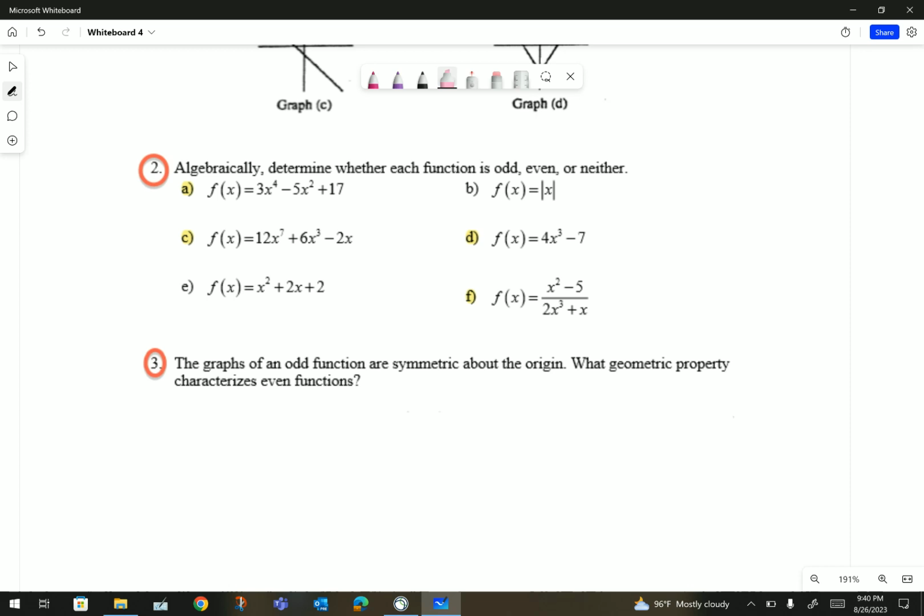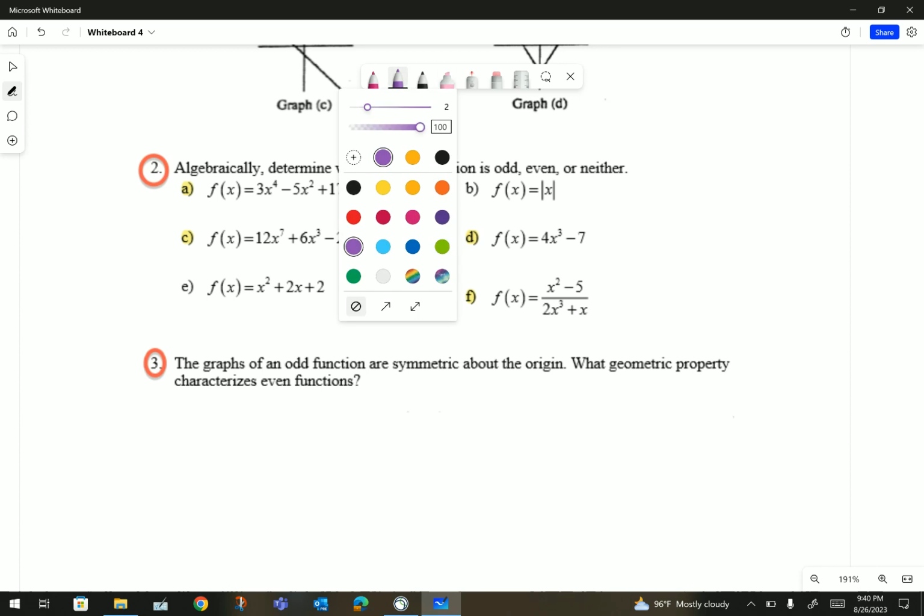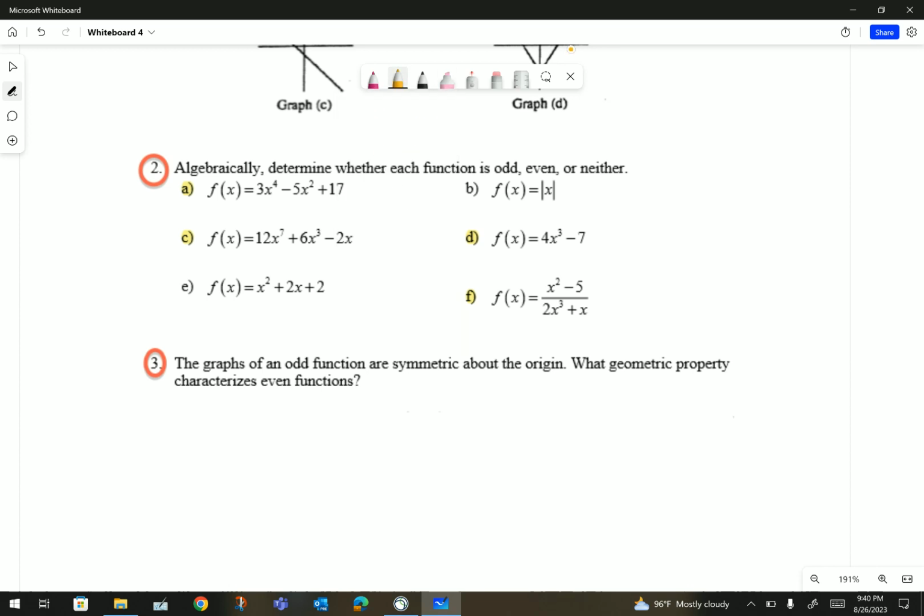What I need you to remember is, let's switch to a different color, if you have a negative value and you raise it to an odd number exponent, your result will still retain the negative.